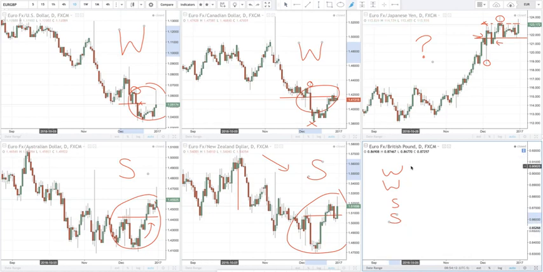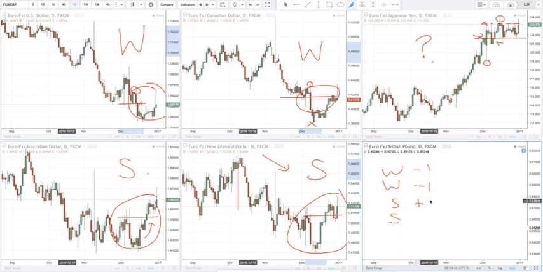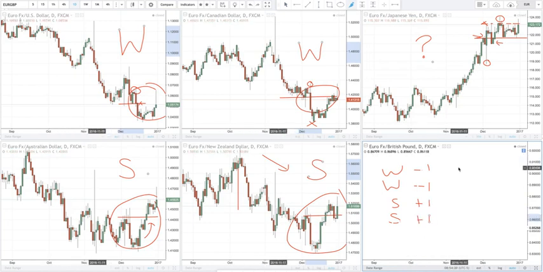A weak is like saying, okay, we're going to give it a -1 score. Another weak, -1 score. A strong is +1, another strong is +1. And a neutral is 0.